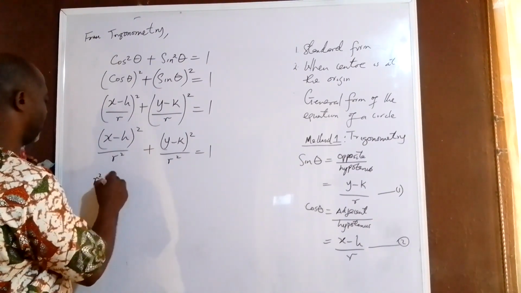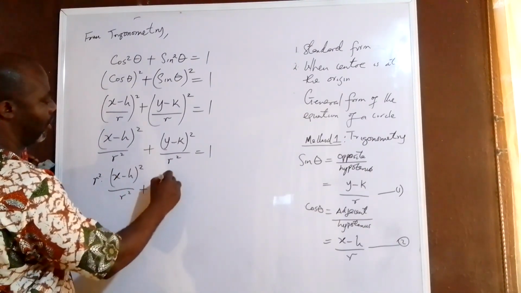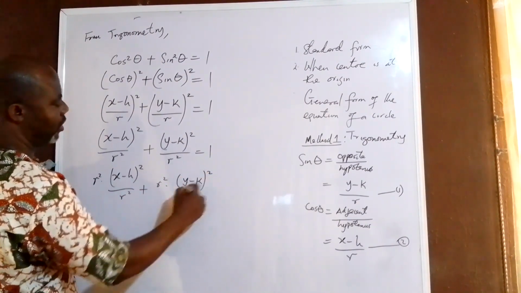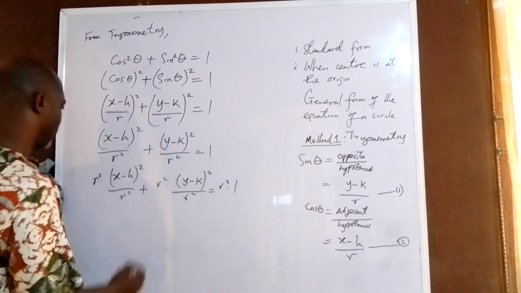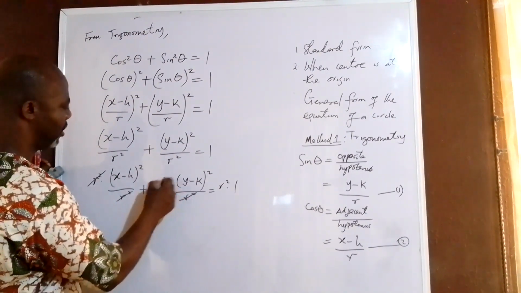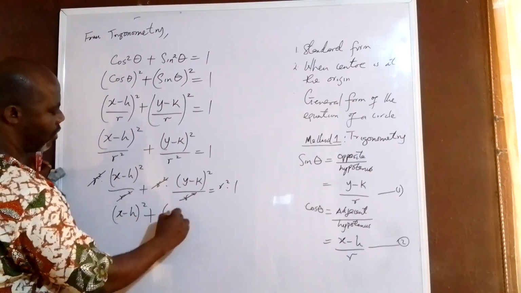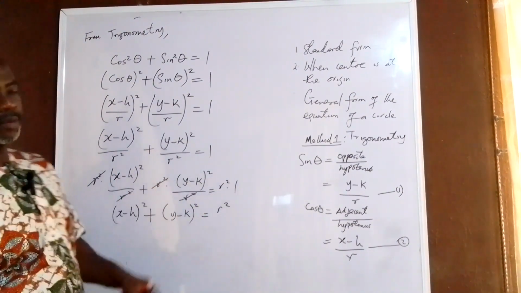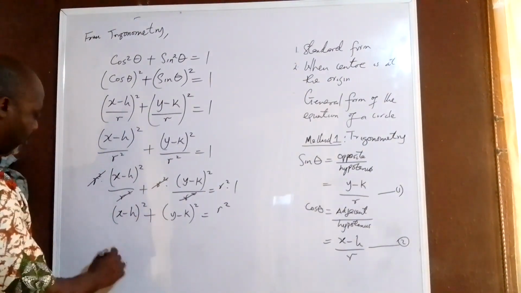So we have r squared dot x minus h all squared over r squared plus r squared dot y minus k all squared over r squared equal to r squared multiplied by 1. The r squared and this r squared will cancel each other out. Same thing happens here. So we have x minus h squared plus y minus k squared equal to r squared. From here, we'll just simply expand this.